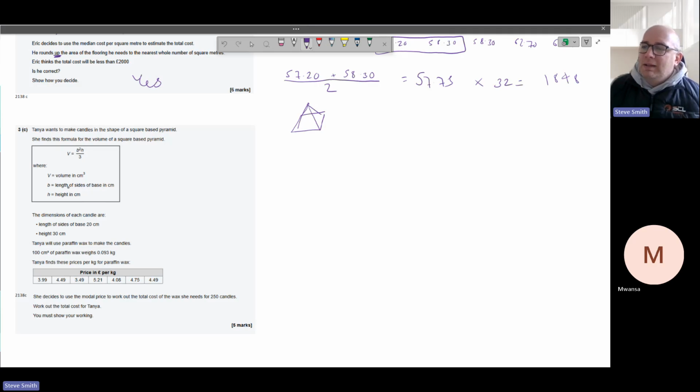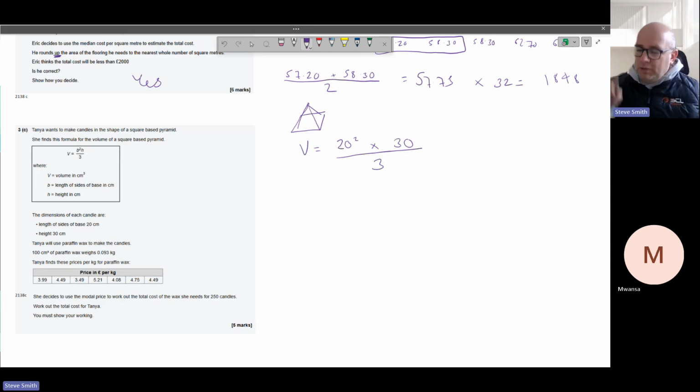Look, we've got the base, B is the length of the sides, so we're going to go volume equals B squared. B is 20 times H 30. So we've now converted what we see in here straight into numbers and then divide it by 3. That stays the same.